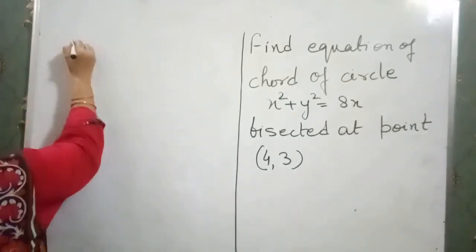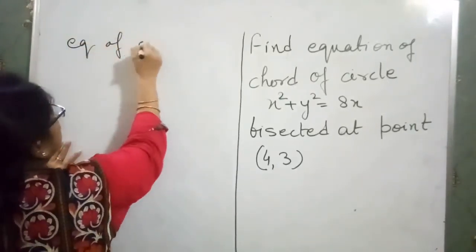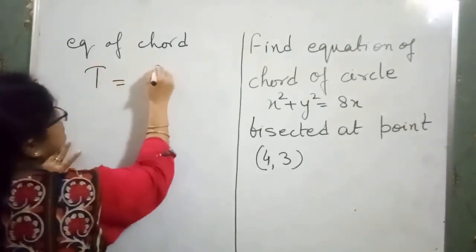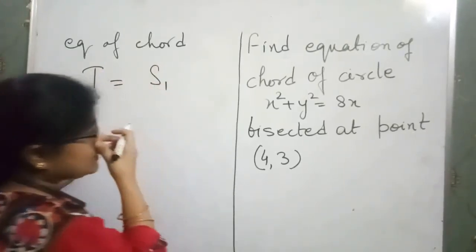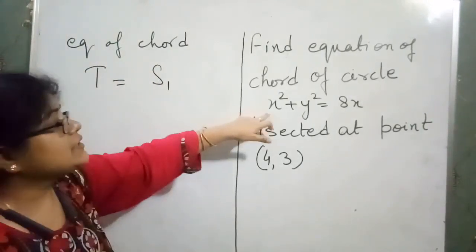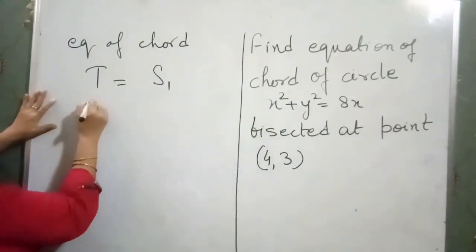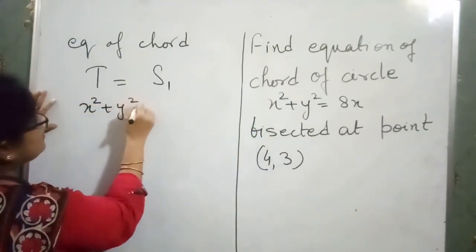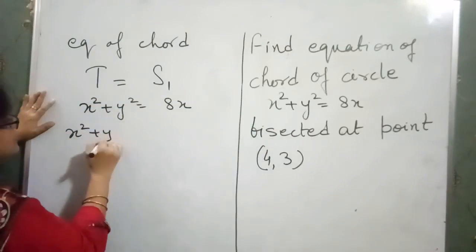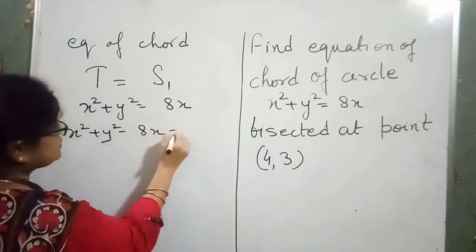For the equation of chord of a circle, we have the formula T is equal to S1. Clear? So, what is the equation of tangent for this one? We have x square plus y square is equal to 8x. That means we have x square plus y square minus 8x is equal to 0.